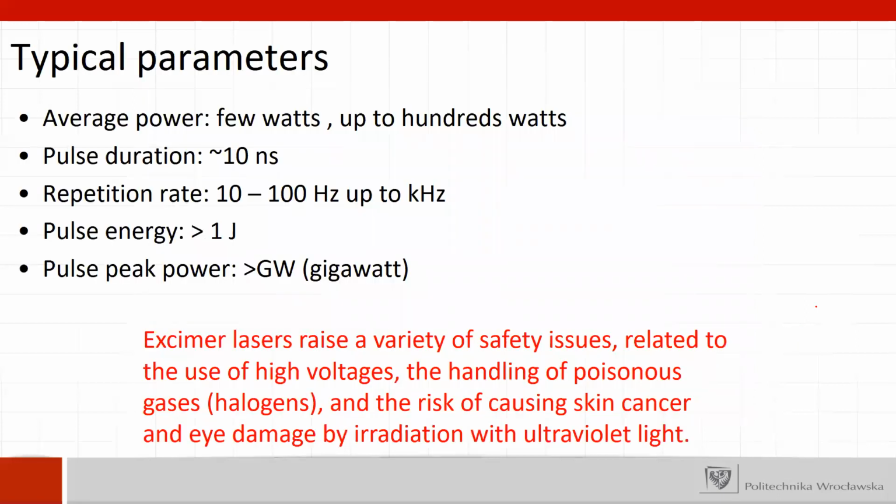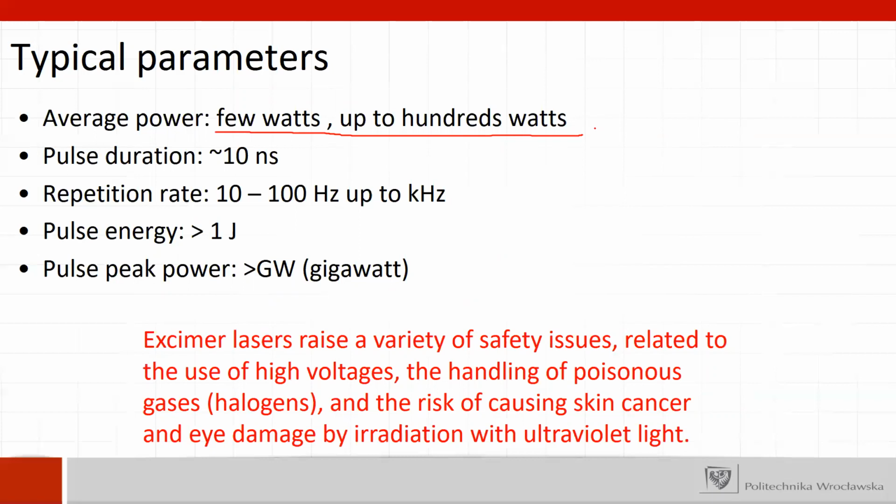The typical parameters of excimer lasers: they are usually high power lasers, so we can generate powers up to hundreds of watts. These lasers are pulsed, so we drive them with pulsed excitation to provide enough power to excite these atoms to form excimers.